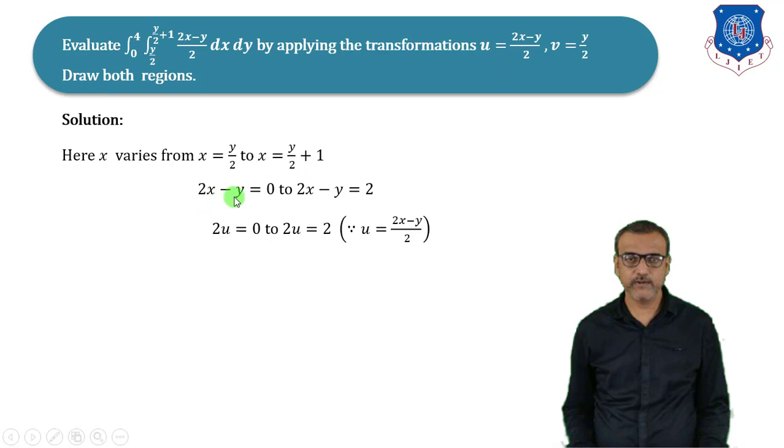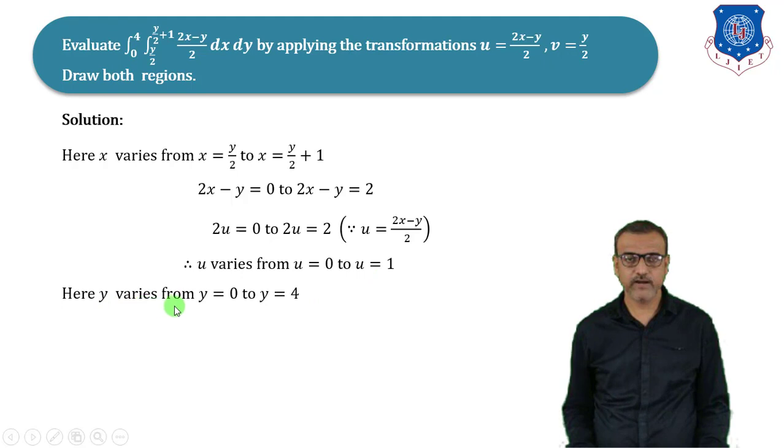Replacing 2x minus y by 2u, we have 2u equals 0, and again 2u equals 2. Therefore u equals 0 and u equals 1. So u varies from 0 to 1.